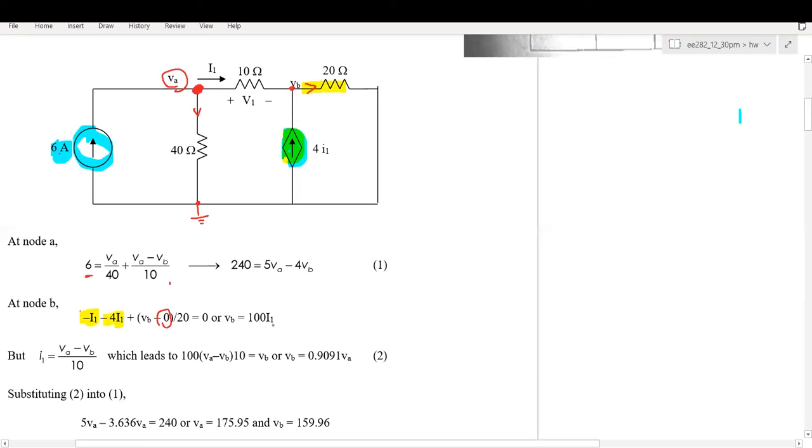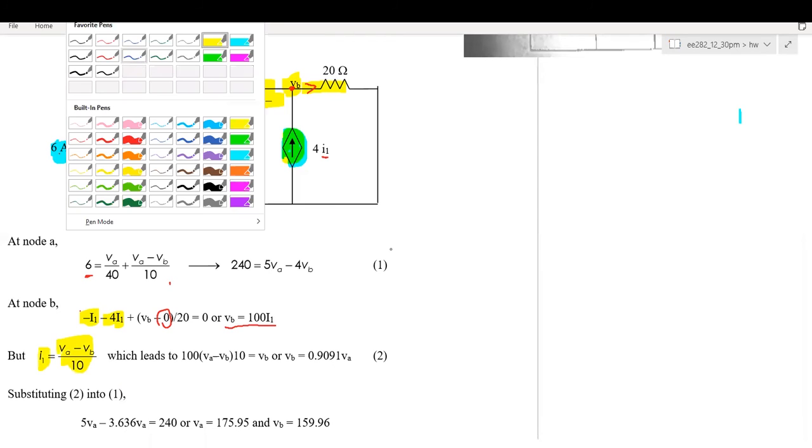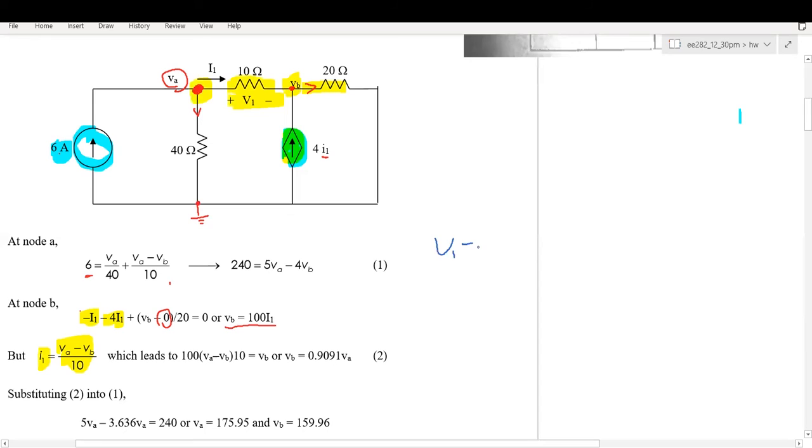Therefore, we obtain two equations, and we know I1 equals VA minus VB divided by 10 from Ohm's law on this resistor. So we can solve VA and VB. After we solve VA and VB, we have V1 equals VA minus VB.